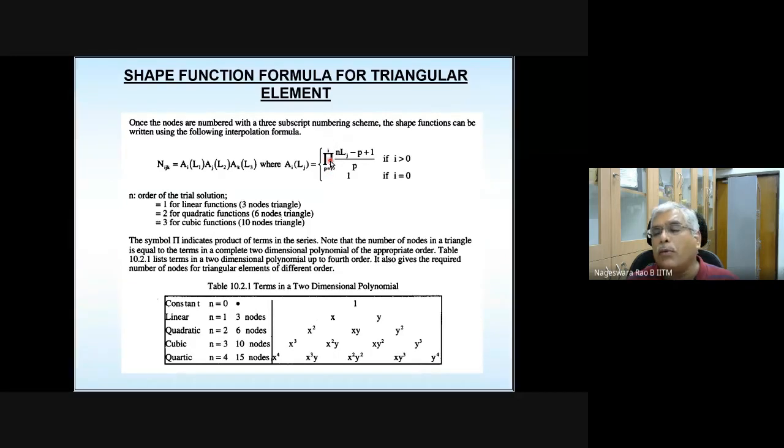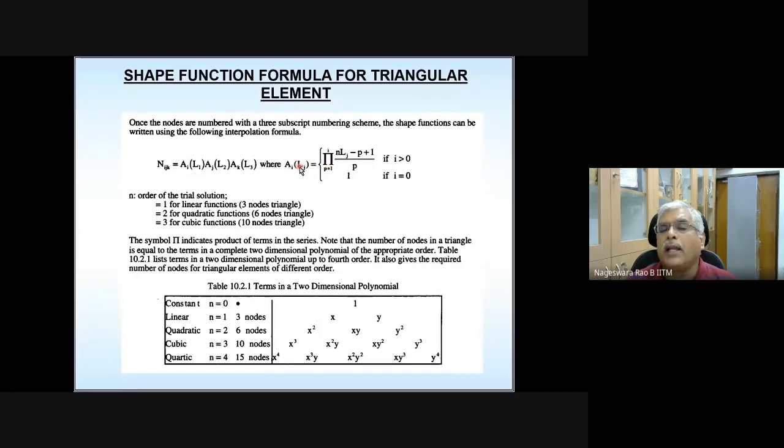Instead of looping, if you have a sigma symbol, you are going to loop over the entire range over which that particular variable takes and then sum it up. Here pi means product. So P takes values 1 to I depending on the value of I. So you are going to get so many terms and you need to multiply each of those terms. That is what it means. So please take a note of it.